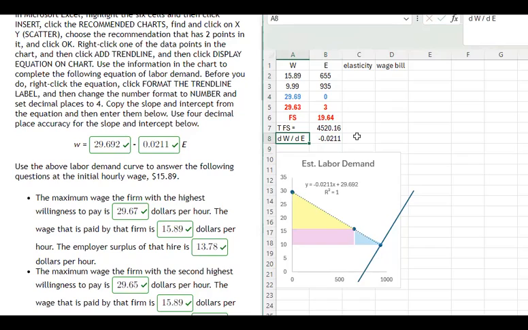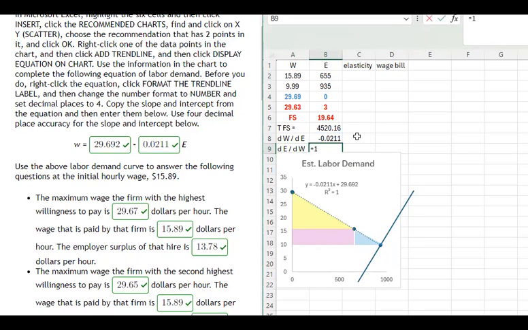Now the elasticity wants that reversed, flipped. It wants the inverse of that. Elasticity wants the change in employment over the change in wage. The change in employment is the change in a quantity. The change in wages is the change in price. So we have to flip that.